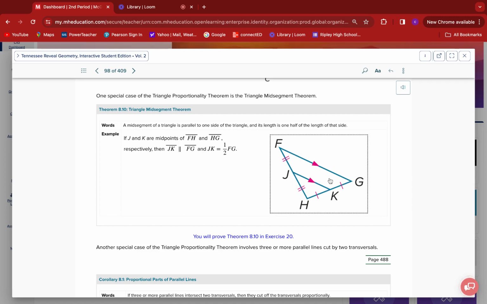That makes JK a mid-segment. JK is half of FG. And vice versa, FG is double JK. So let's say JK is a 5, double it, 5 times 2, FG is 10. And again, vice versa. Let's say that FG is 50. Then JK would be half that, which is 25.